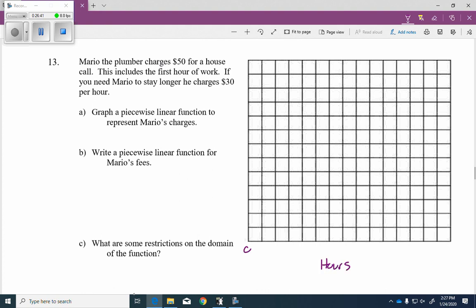Since it's the number of hours, I really want to go just by 1. And my y-axis will be the cost. And the cheapest it's going to be is 50, and then it's going to continue to increase by $30. So I think if I go by tens, I should be able to fit enough of the information.